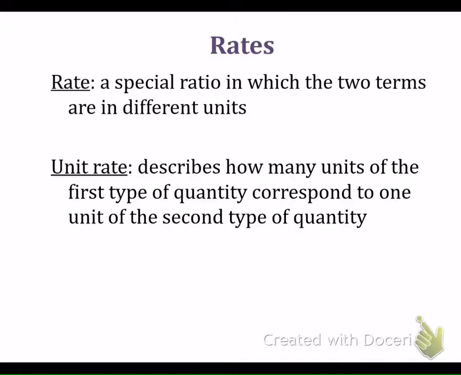So a unit rate describes how many units of the first type correspond with 1 unit of the second type. So miles per gallon is how many miles you get in 1 gallon. Or miles per hour is how many miles you could go in 1 hour. Okay, those are all unit rates.